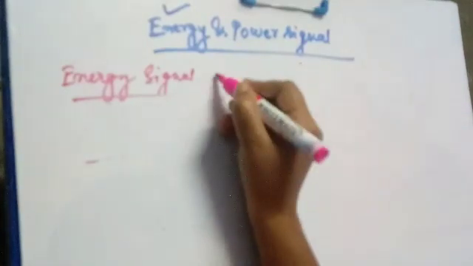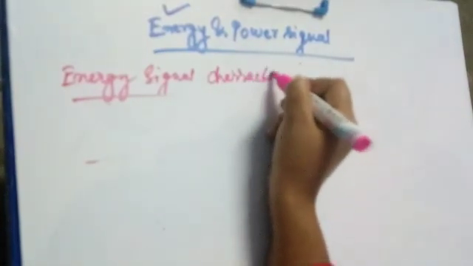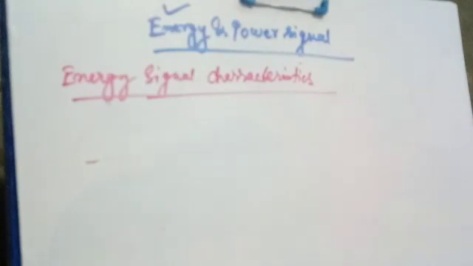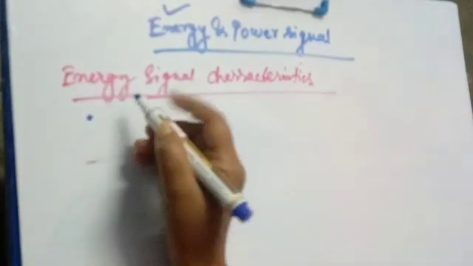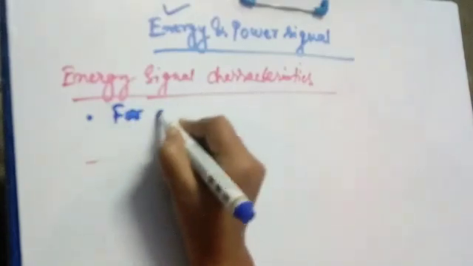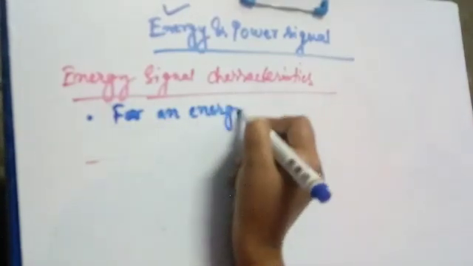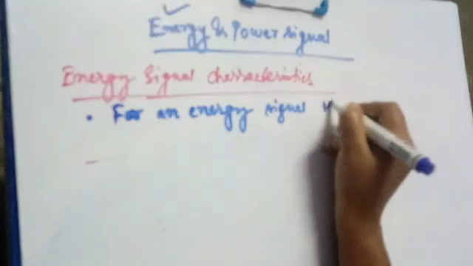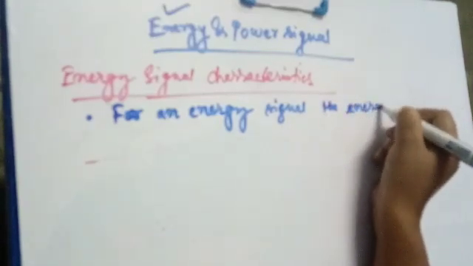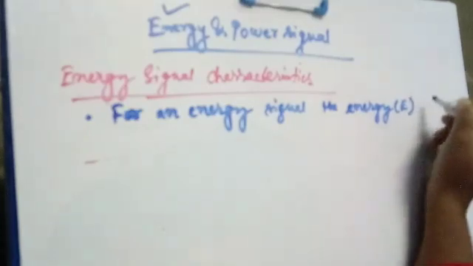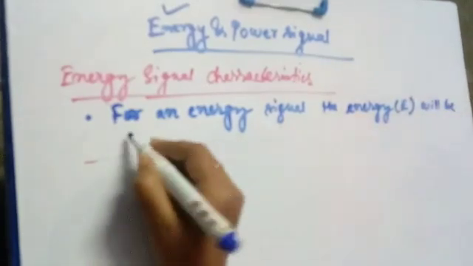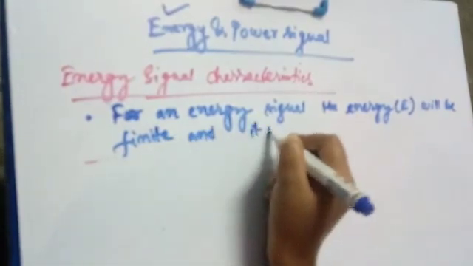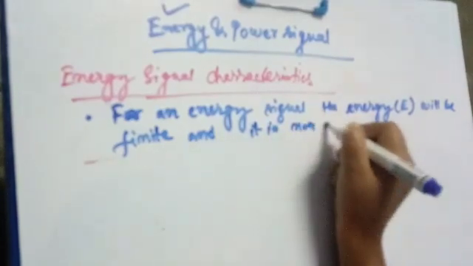Energy signal characteristics. Number 1, for an energy signal, the energy E will be finite and it is a non-zero value.